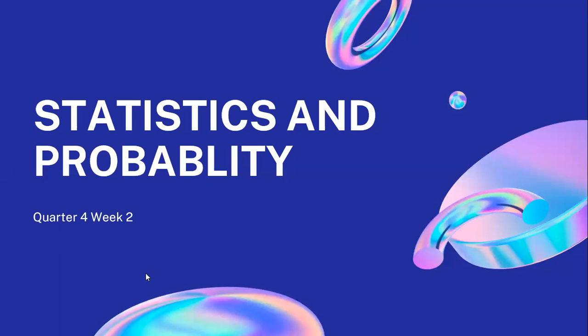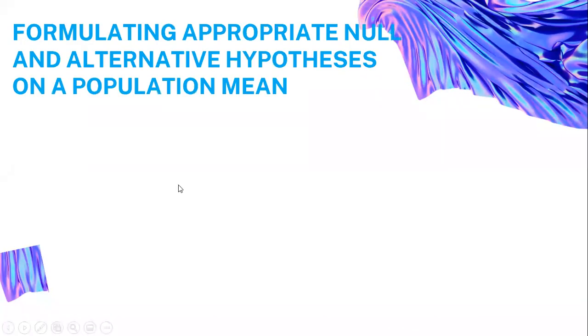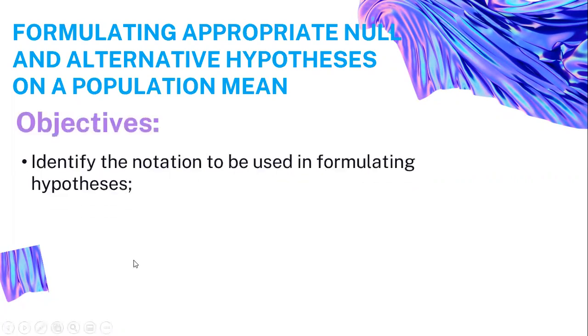Okay, now let's proceed with the last 2 modules for week 2. So for week 2, as we continue with module 3, this is entitled Formulating Appropriate Null and Alternative Hypothesis on a Population Mean. Since you know already the difference between null hypothesis and alternative hypothesis, it's now time for you to formulate based on the population mean.